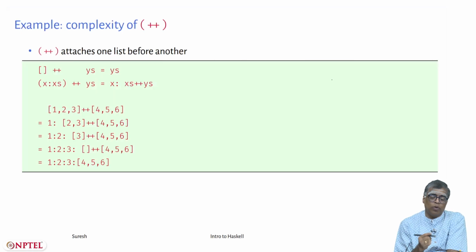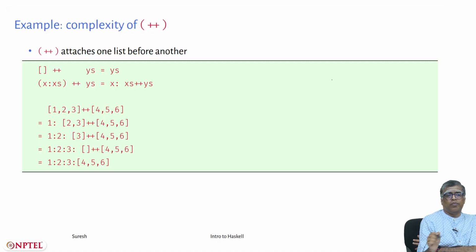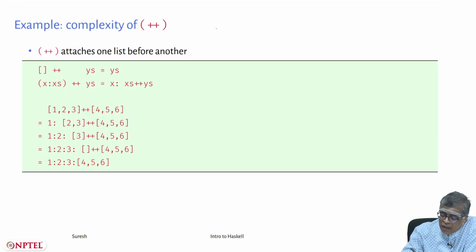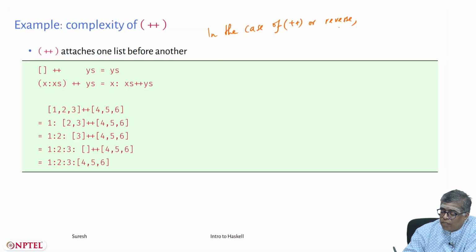Yeah, so okay, so let's look at the complexity of plus plus. Plus plus attaches one list before another. In the case of plus plus or reverse, it doesn't matter what the actual input is, only input size matters. The length of the list.